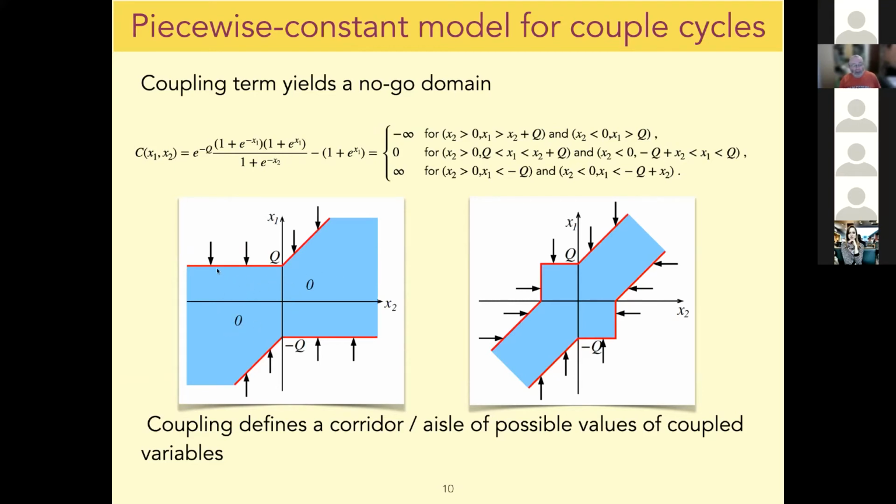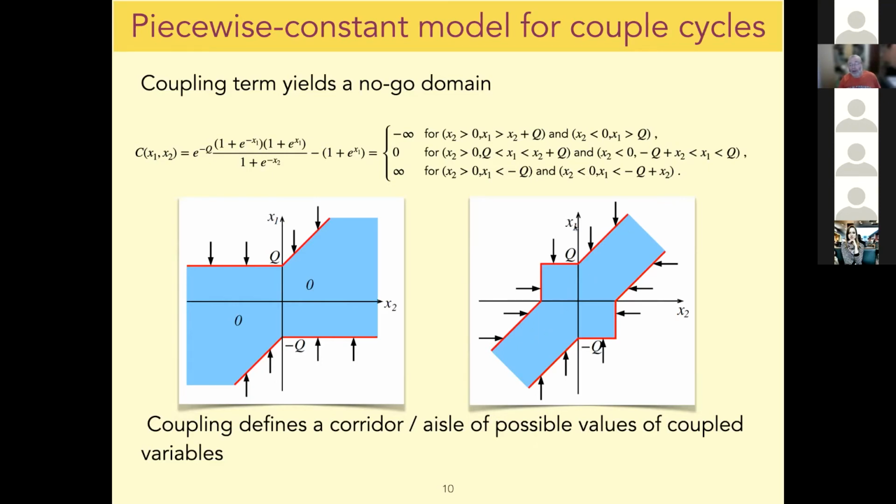So essentially this coupling in this representation gives only a border, a corridor within which you can move. Because x1 and x2 are symmetrically coupled, from two such symmetric pictures you get an available corridor.